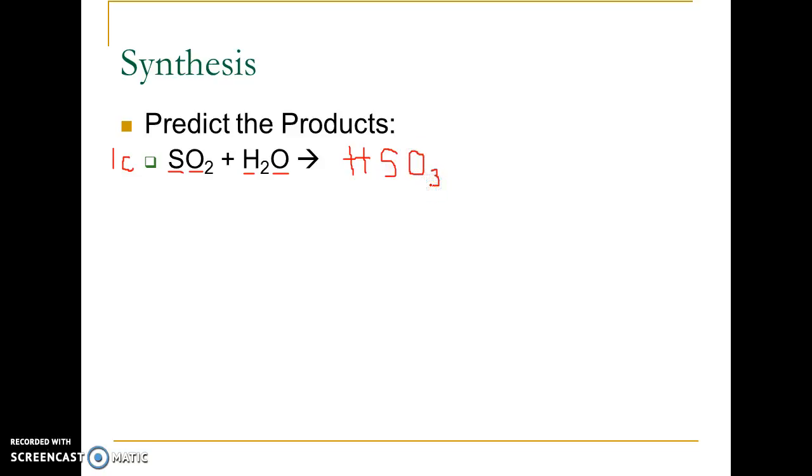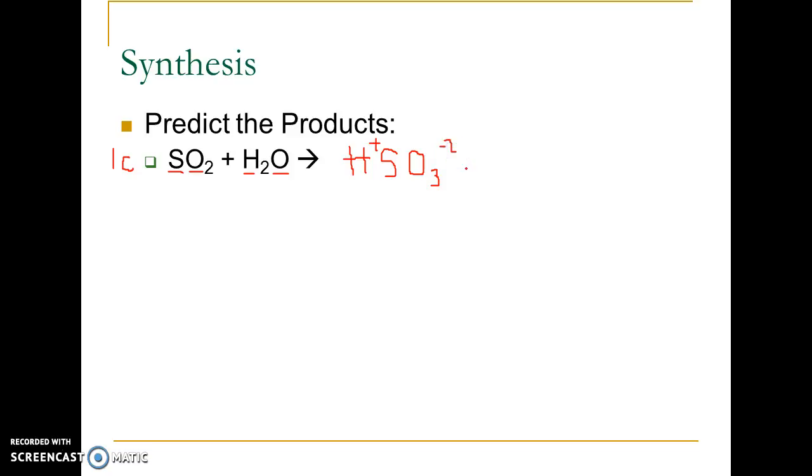And I need to check the charges on these compounds to make sure they balance out to equal 0. Remember that hydrogen is a non-metal on the metal side, so sometimes it pretends to be a metal. In this case, it has a positive 1 charge. And then we have SO3. SO3 is sulfite, and it has a negative 2 charge.